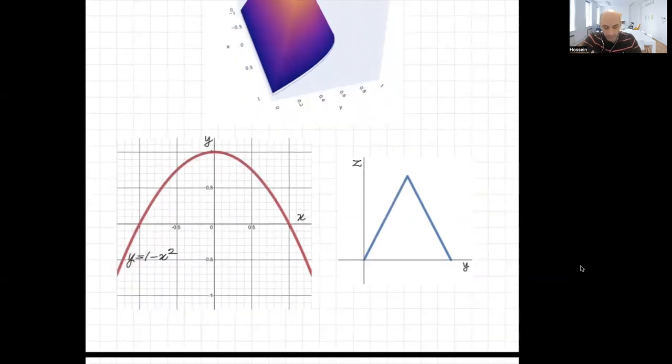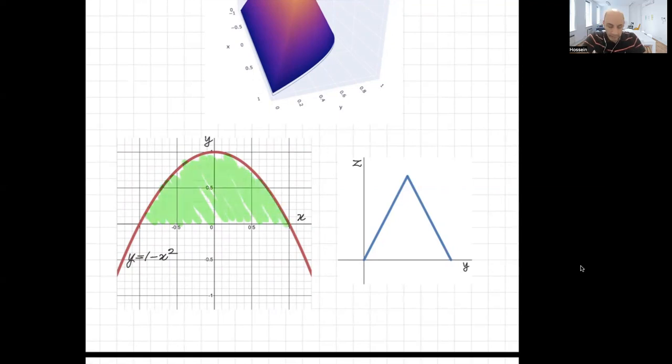The base of the solid is confined by this parabola and the x-axis. It means that this is going to be the base of the solid. I'm going to shade that here.